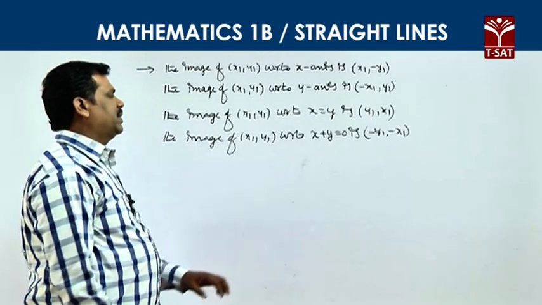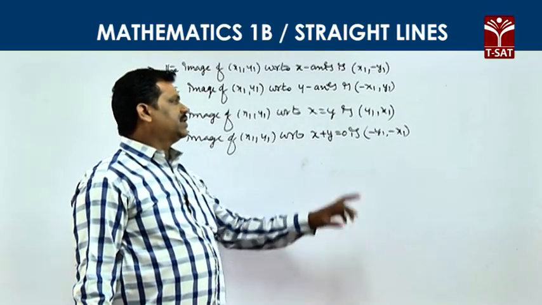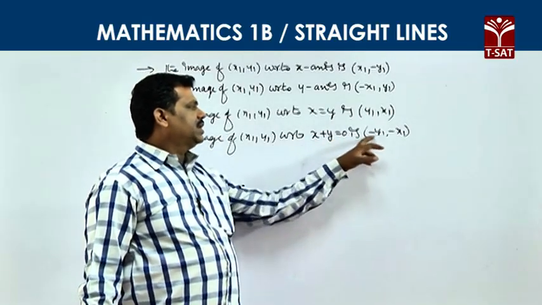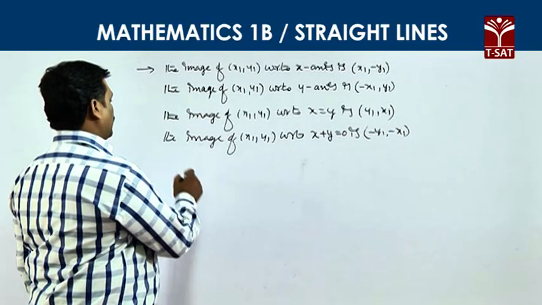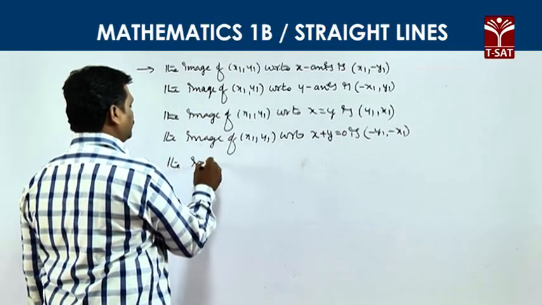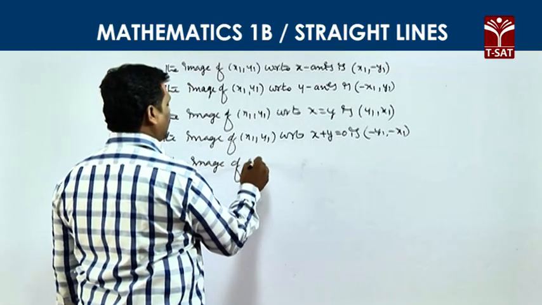The line x + y = 0 means x = -y, so the image is (-y1, -x1).